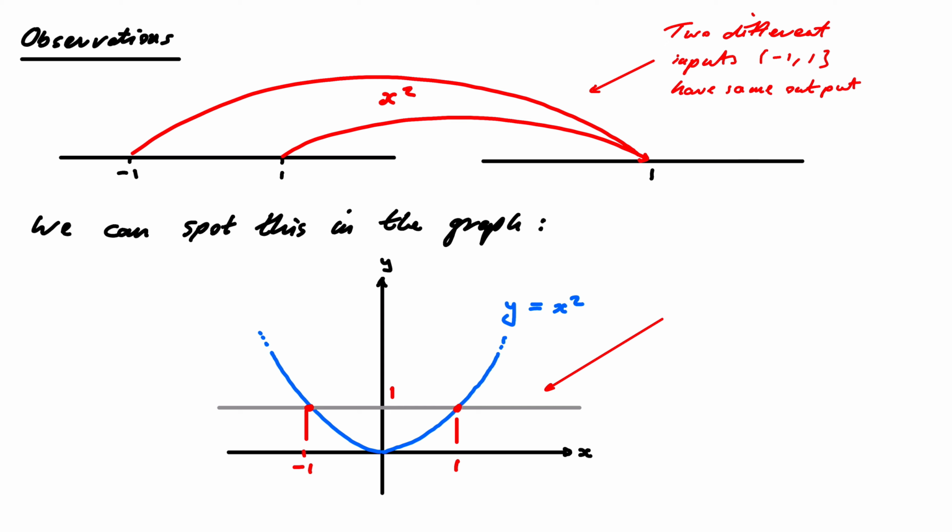So there is a horizontal line that crosses the graph at more than one position.